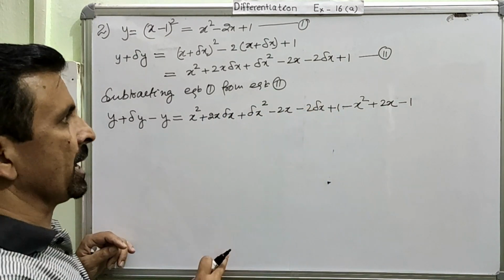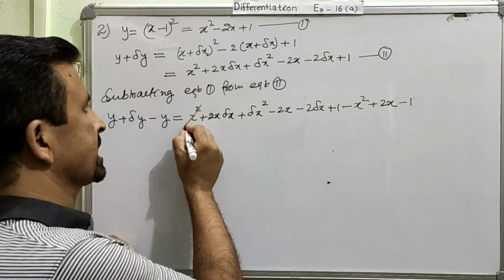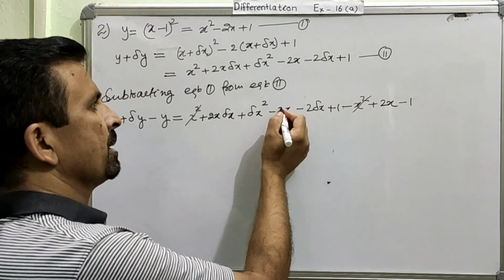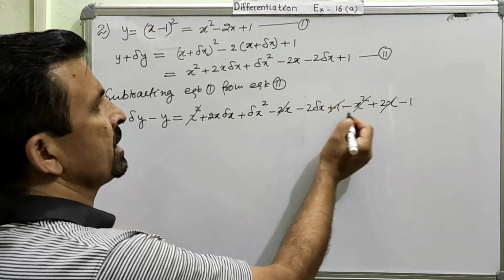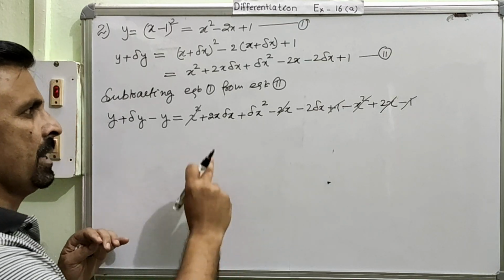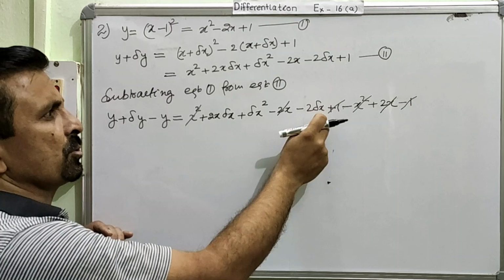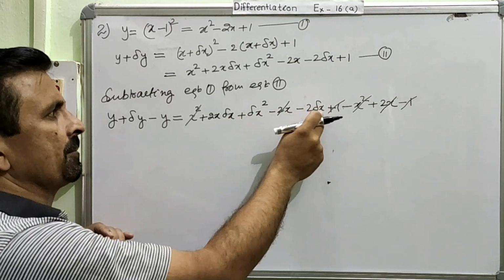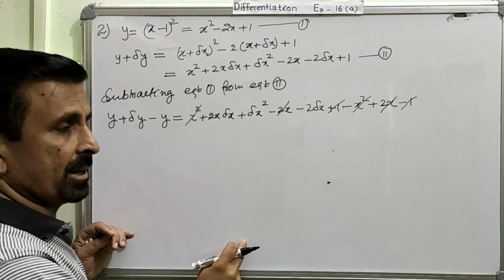After writing this part, we can see if there is anything that can be simplified. So plus x square minus x square, minus 2x plus 2x, plus 1 minus 1. So these many things are simplified. Now we are left with 2x delta x plus delta x square minus 2 delta x. So these three terms are left, and in all three terms you can see that delta x is common.